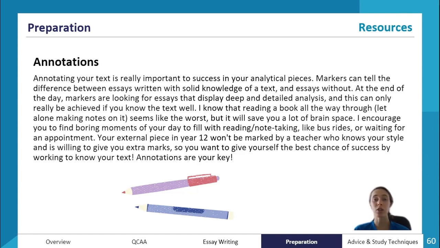Maybe the annotations in your first read through will be questions and general ideas that come to mind, and in the second read through you'll be able to build on that with more analytical points. You'll be able to more easily identify where the foreshadowing is, because you will have known what actually comes after that. So give yourself the best chance by knowing your text and picking it apart as you go.